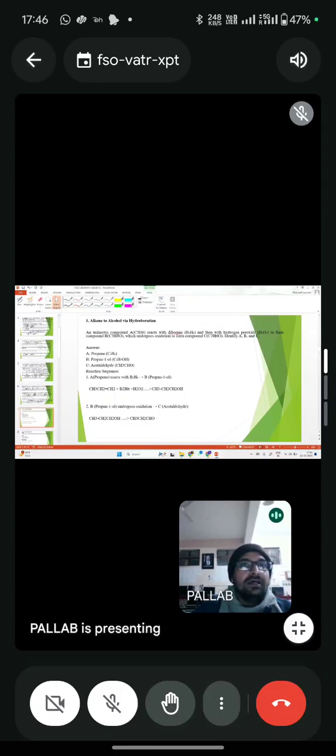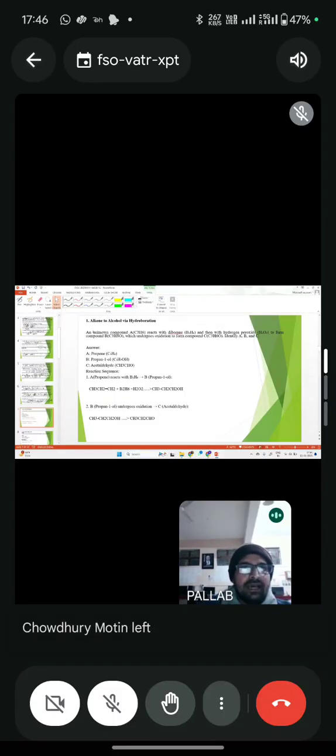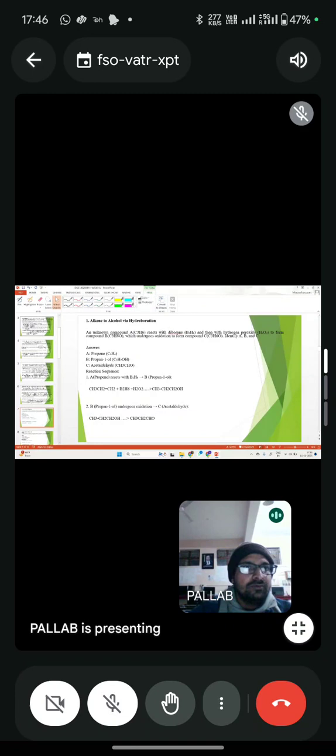For example, here an unknown compound A reacts with diborane and then with hydrogen peroxide to form compound B, which undergoes oxidation to form compound C. Now the compound has the formula C3H6.